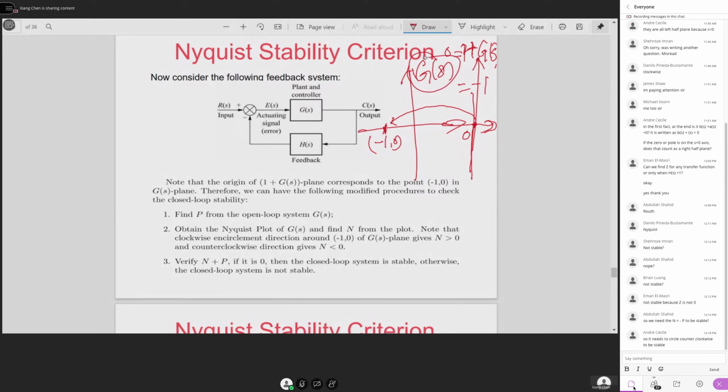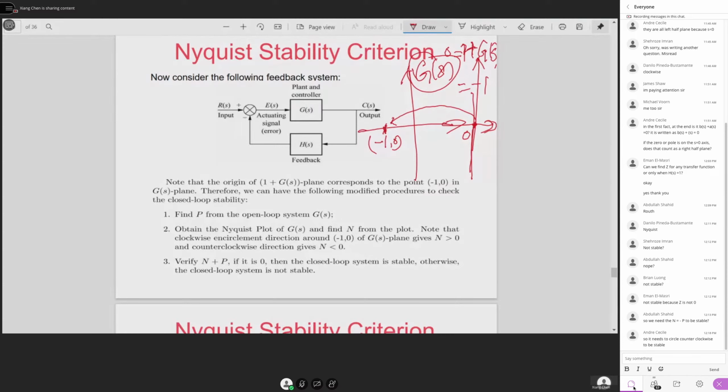You only need to talk about G of S. Eventually we find out that I don't even need to mention 1 plus G of S. Everything can be done for G of S.